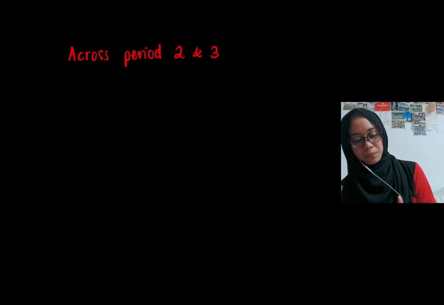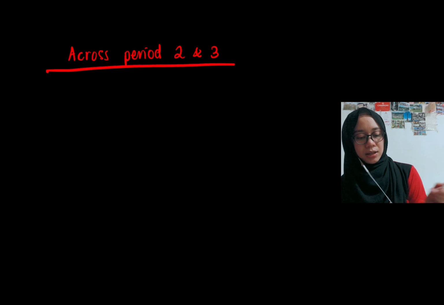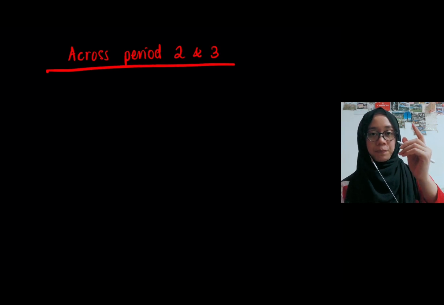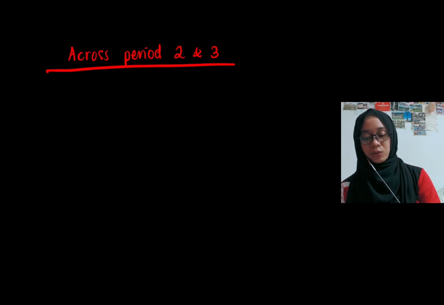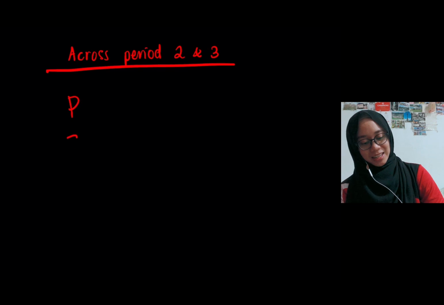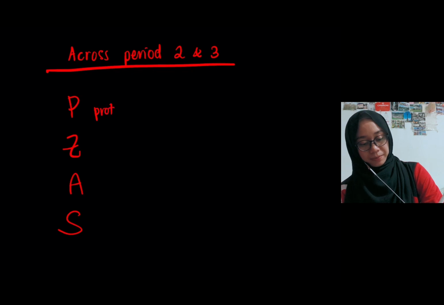Okay, so across period 2 and 3, kita just focus on period 2 and 3 sahaja. Okay, so untuk mudahkan kamu ingat, apa yang berlaku adalah kita guna P-ZAS. P dekat sini adalah proton number.